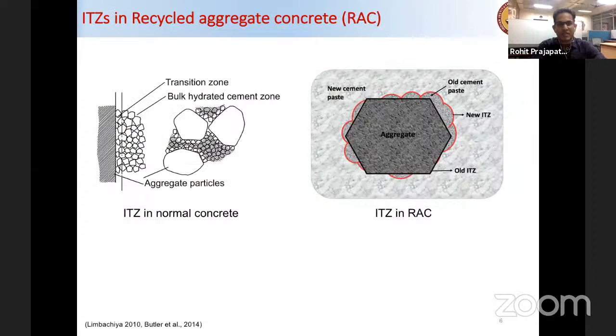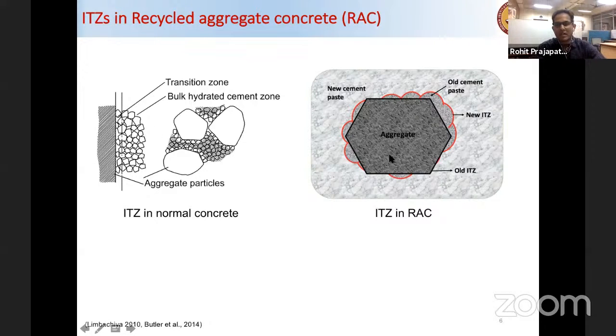So what is the difference between normal concrete and concrete where we have used recycled concrete aggregates? In normal concrete, there is one type of interfacial transition zone, which is between the aggregate and the mortar.